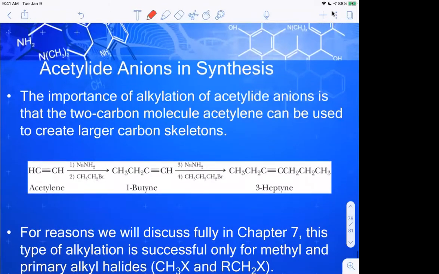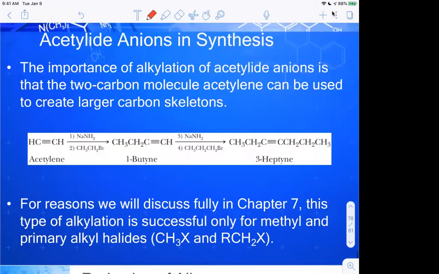Now, the importance of acetylide anions in synthesis is large. Anytime I can create carbon-carbon bonds and build up the complexity of my carbon skeleton, that's going to be a win-win in synthesis. When I think about synthesis in organic chemistry, I'm thinking about making really large molecules from compounds that are very simplistic.